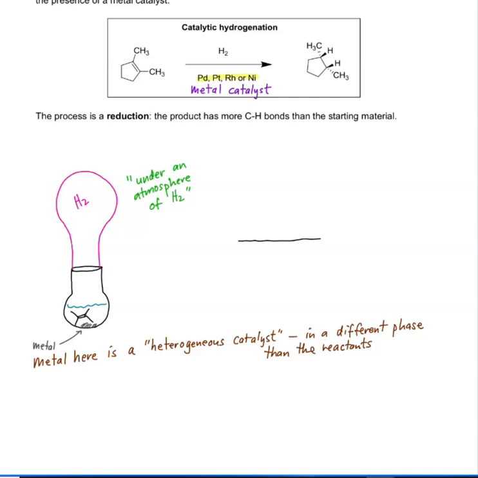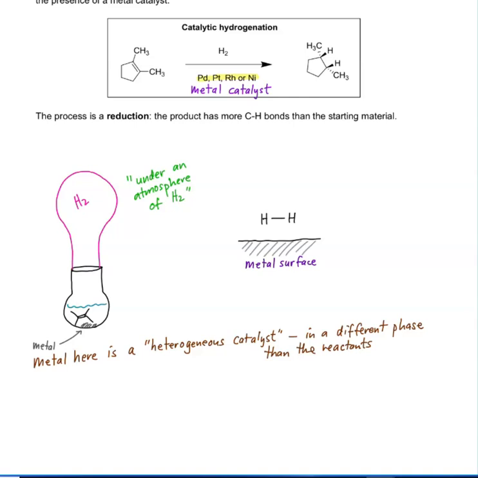So let's say that this is the metal surface, what I'm drawing here. Some hydrogen molecules are going to be able to find their way to the metal surface and somehow become associated with it.